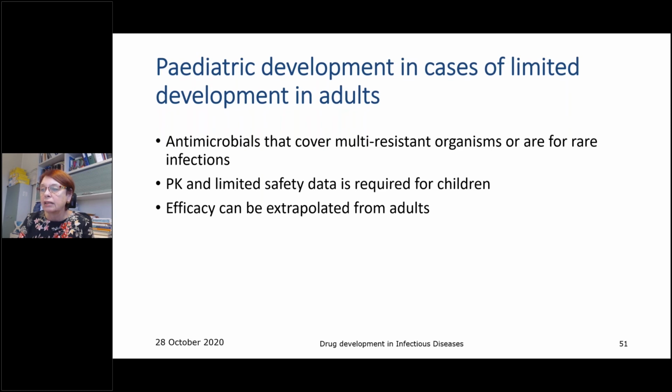And even in adults, you can't do fully powered efficacy trials because you just don't have enough patients, or you may have enough patients worldwide, but to do trials with 100 or 500 centers worldwide is logistically extremely difficult. Or there are some very rare infections in heavily immunocompromised patients, as we see in our clinics every now and then.